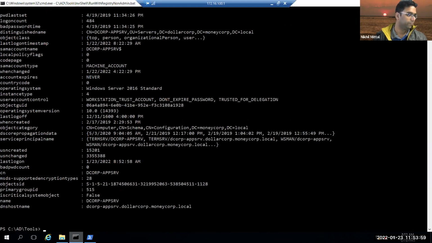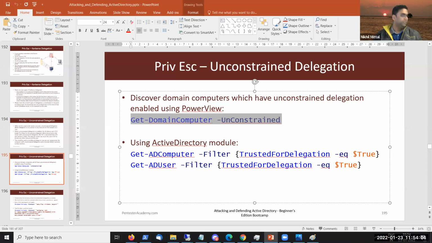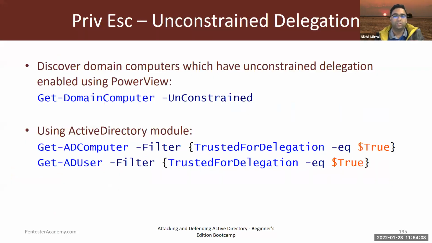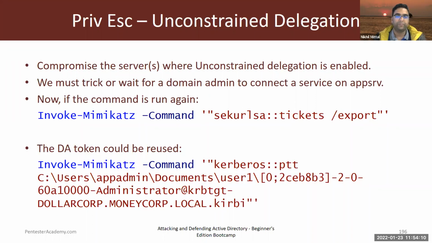All right. Now, once we have found out the machine, we must compromise it. That is one step. And then we must trick or wait for a domain admin to connect to a service.